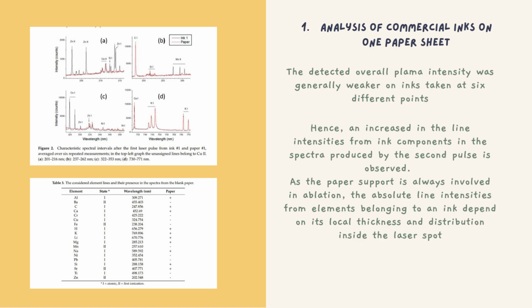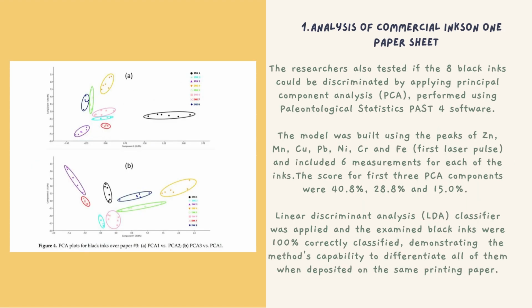The deposition of ink on paper does not produce uniform layer, and the penetration depth is expected to be irregular, and researchers also tested if the black inks could be discriminated by applying principal component analysis or PCA performed using a statistical software.